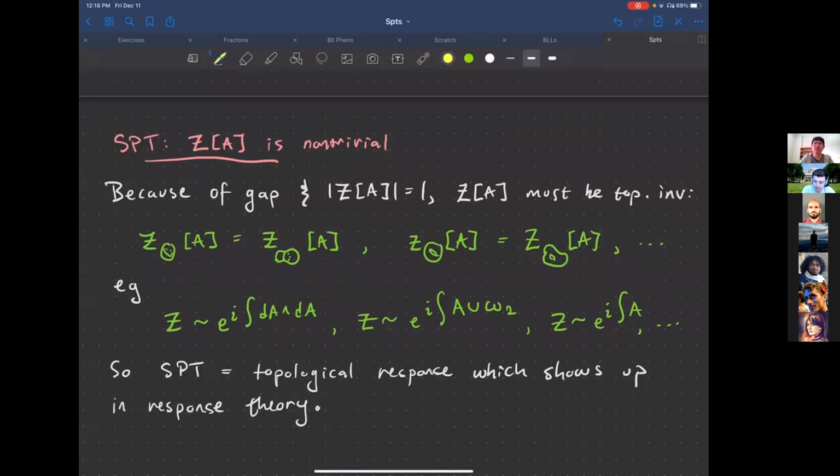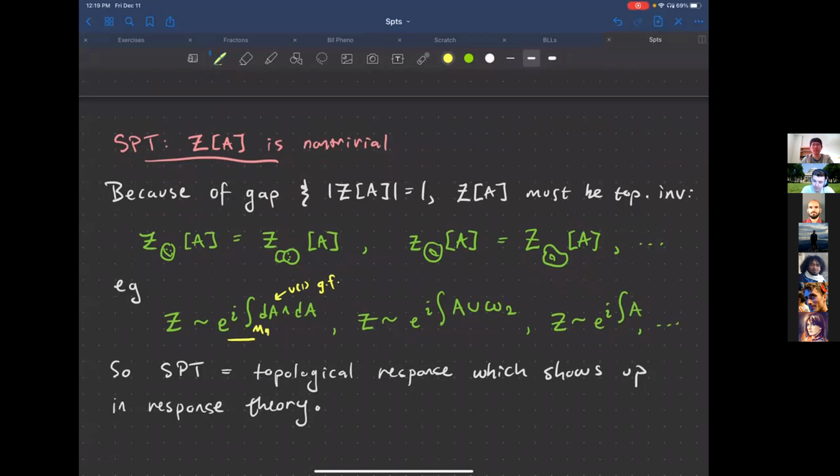So examples of such partition functions are, there's this one which we're going to look at in more detail in a bit. This is an example of a possible candidate for an SPT partition function in 4 space-time dimensions. Here A is a U1 gauge field, and we're integrating over some 4-manifold.